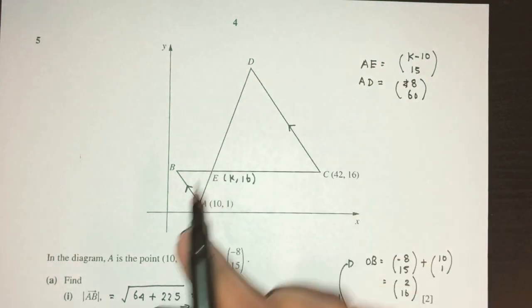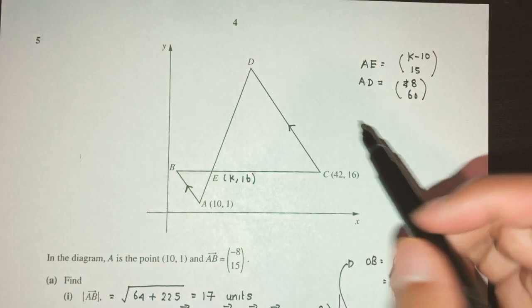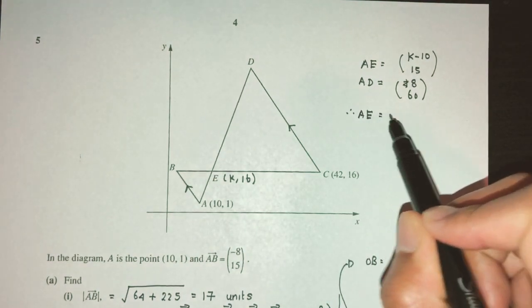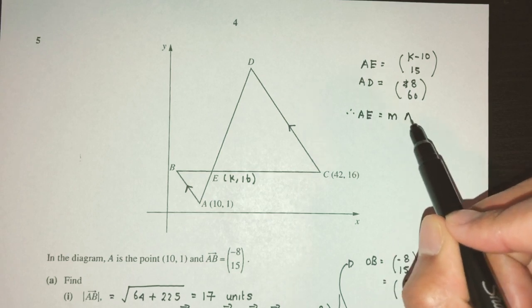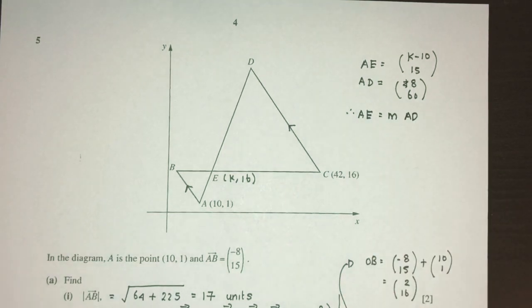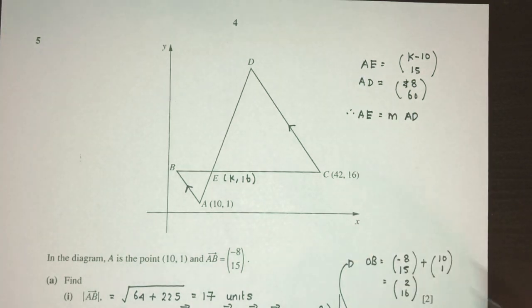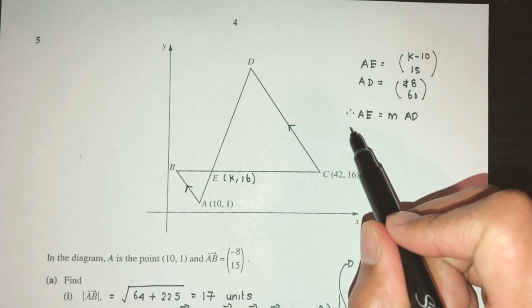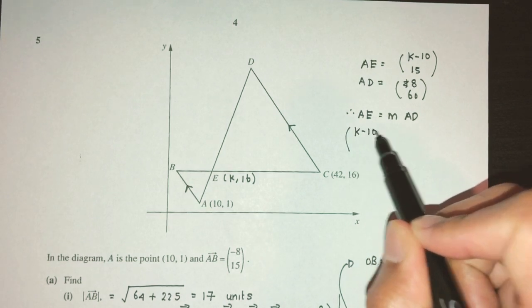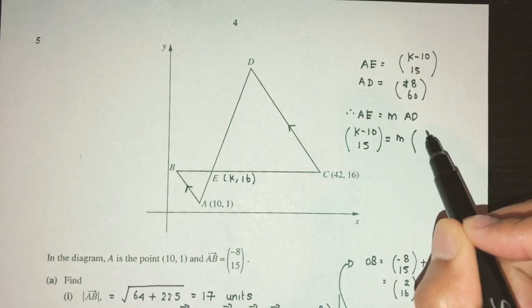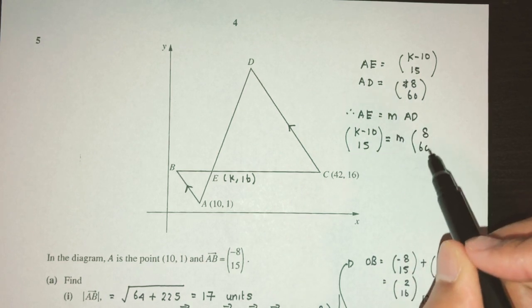But since E lies on the line AED, we can form an equation which is AE is a multiple of AD. The reason why I can write this is because I know that E lies on AD, so we can form an equation in terms of m and k. So AE will be (k minus 10, 15) equal to m times AD, which is (8, 60).